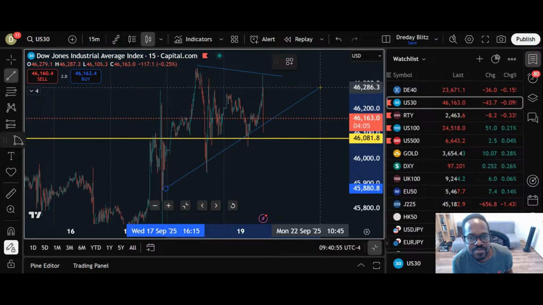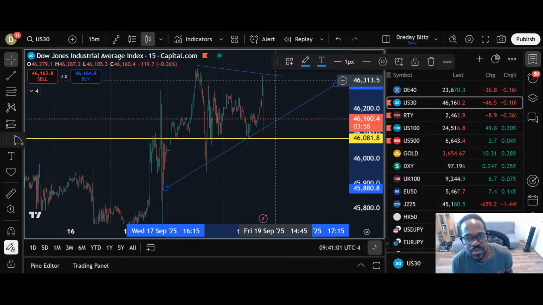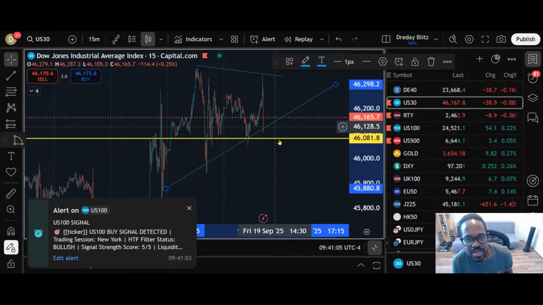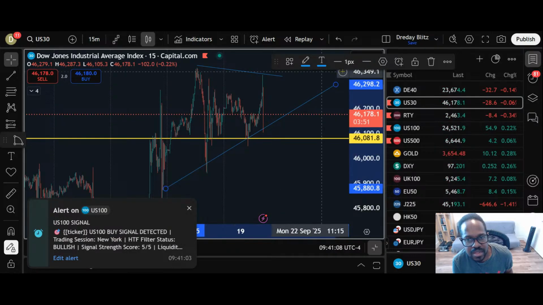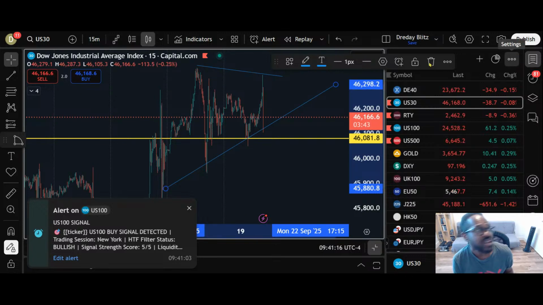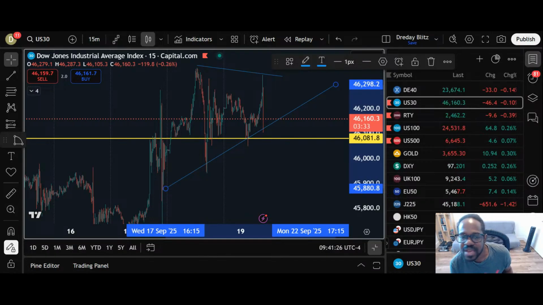You see that price may start to reverse off of it. But if it's breaking down, if it's doing the sell, we should have a continuation here. That flag is invalidated, and we would be selling off. So we just got another one that came in. That's US 100, yes, US 100 for a buy. We're going to look at it in a few.